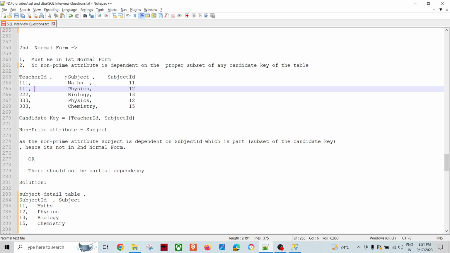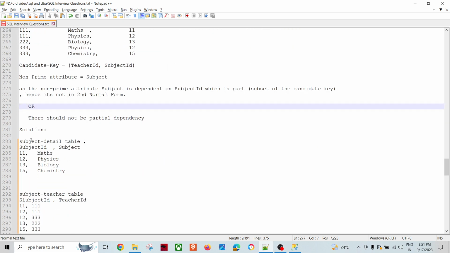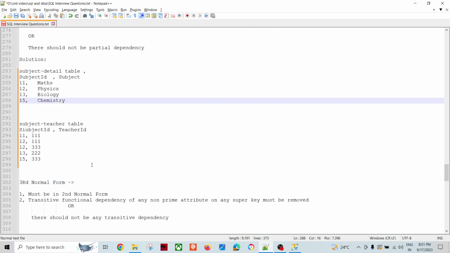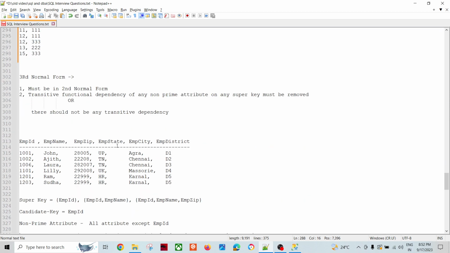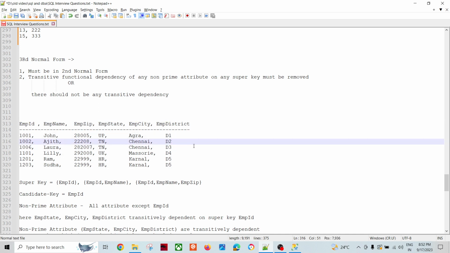Therefore, you should separate out subject information and teacher information in isolation. We have come up with two tables to remove the partial dependency of the attributes. And if you have data like this one, it is in second normal form, but it is not in third normal form.